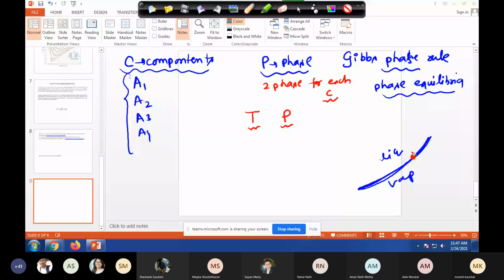Remember, if this is phase equilibria, if you are on the equilibrium line, the moment you say equilibria, there are all kinds of equilibrium. What are those? Mechanical equilibrium. In thermodynamics, we say it in terms of pressure. So mechanical equilibrium. What else do we have? Thermal equilibrium between all components. Okay. And what we have is chemical equilibrium.